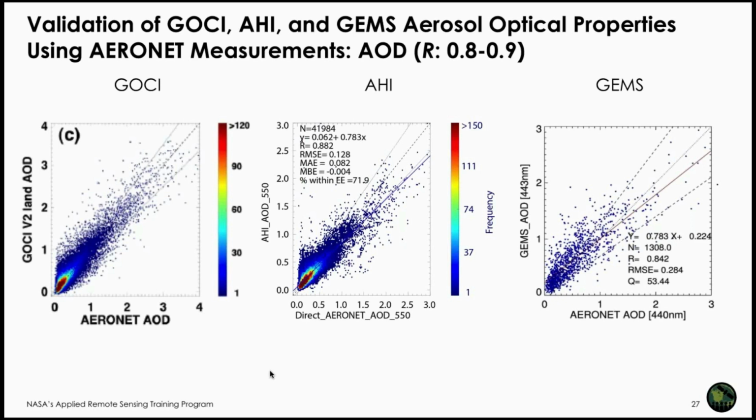So it's generally reference data to evaluate the satellite data. For GOCI, AHI, and GEMS, the AOD shows very high correlation with the AERONET AOD. The linear correlation coefficient is about 0.8 to 0.9.